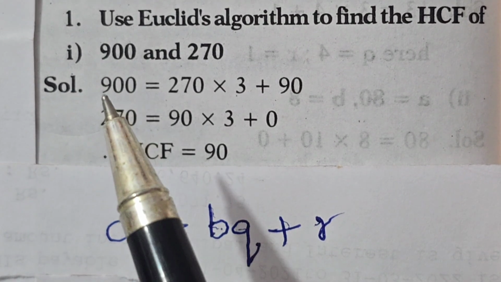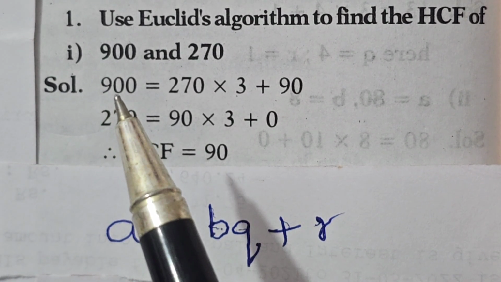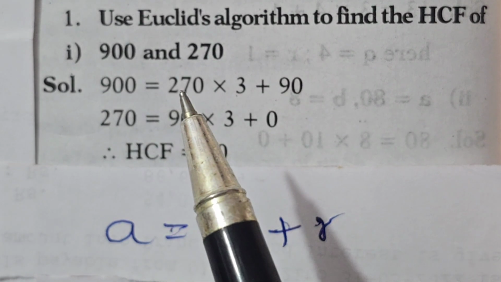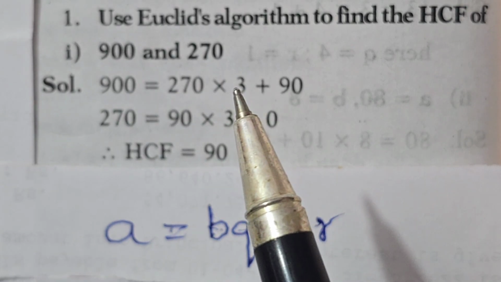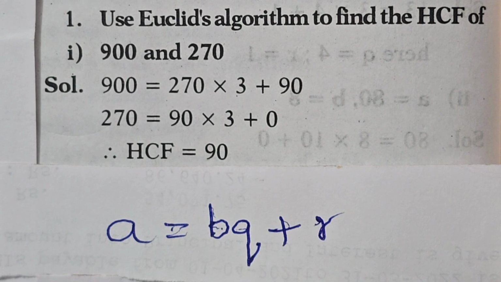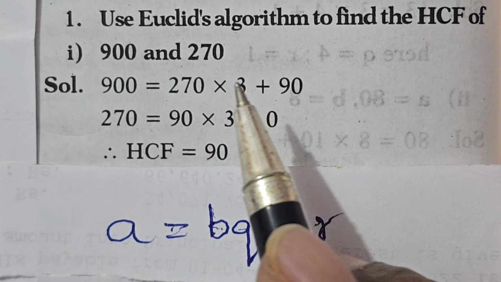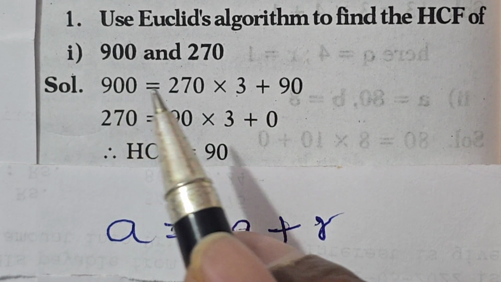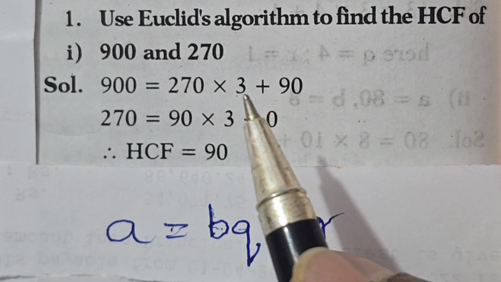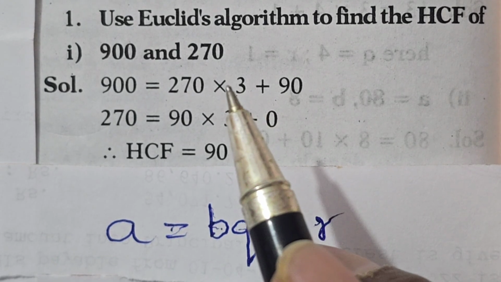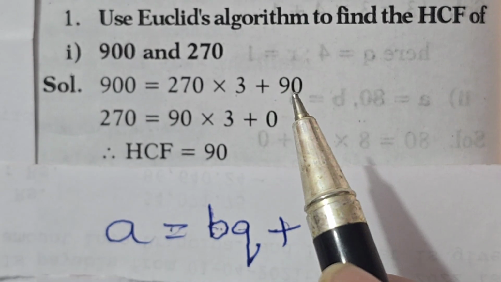Now we can write a is equal to 900. So 900 equals 270 times 3 plus 90. 270 times 3 is 810, and plus 90 is 900.